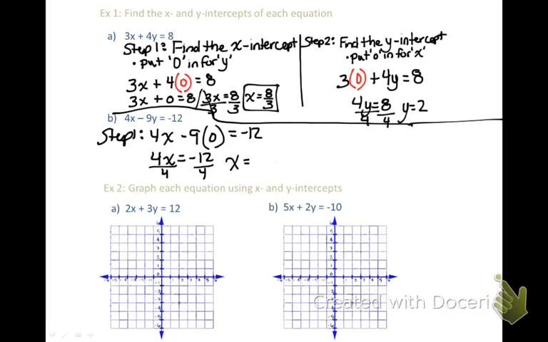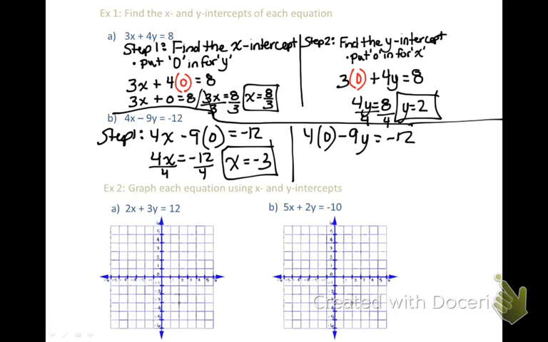So x equals negative 3. There's 1. For the second step, you have 4 times 0 minus 9y equals negative 12.